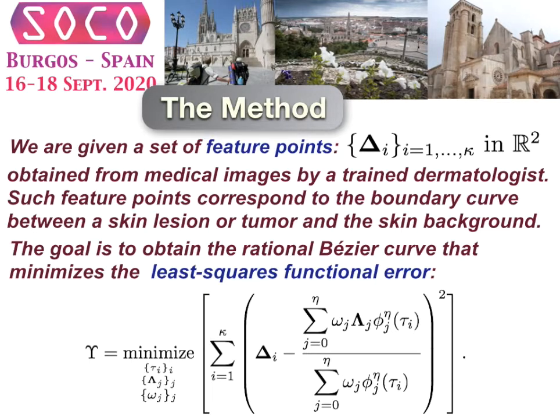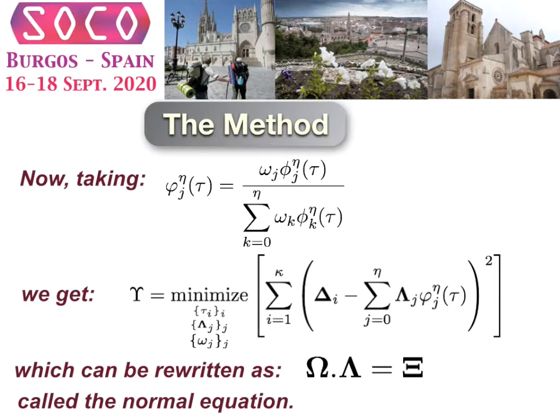The goal is to obtain the rational curve minimizing the least square functional error given by this equation, which basically means to perform data fitting in order to identify this border curve. So this means basically doing some maths written here. The details can be found in the paper.